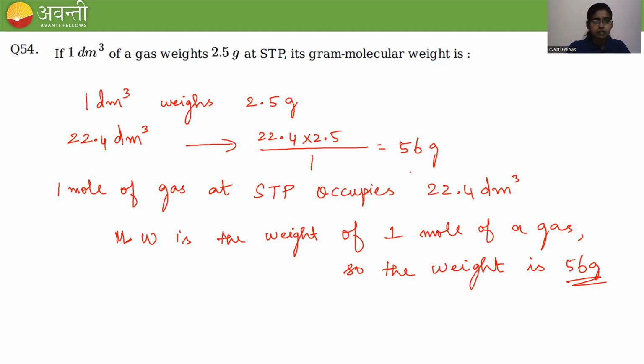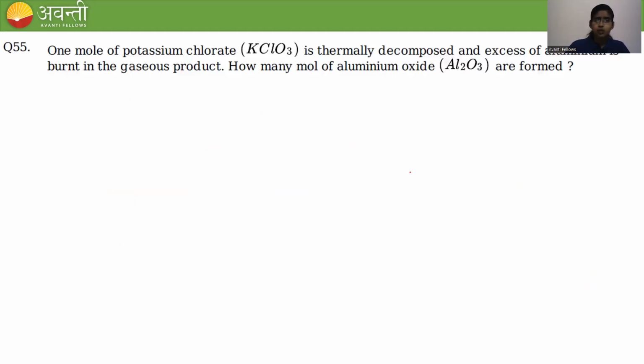Now coming to question number 55. 1 mole of potassium chlorate, that is KClO3, is thermally decomposed and excess of aluminium is burnt in the gaseous product. How many mole of aluminium oxide are formed? So to solve this question, we need to write the equation first. That is, KClO3 is undergoing a decomposition reaction.